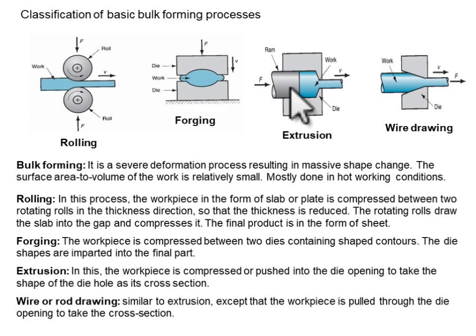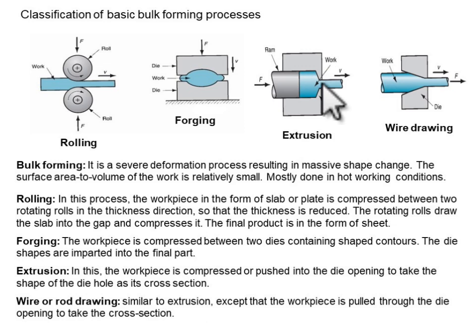Now the extrusion process. Extrusion process is basically used to reduce the diameter and, you can say, the lateral length. So here we do this: this is the material, we push it out from this side, and the material comes out from this side. Again, in this, the workpiece is compressed and pushed into the die opening to take the shape of the die hole as its cross section.